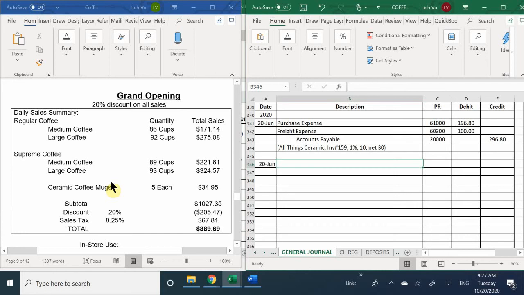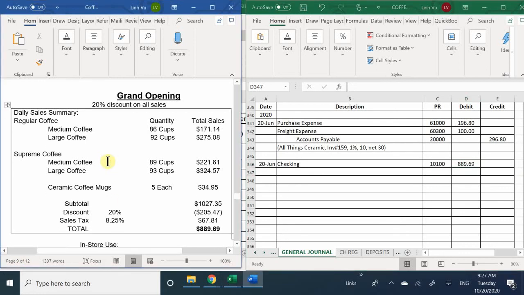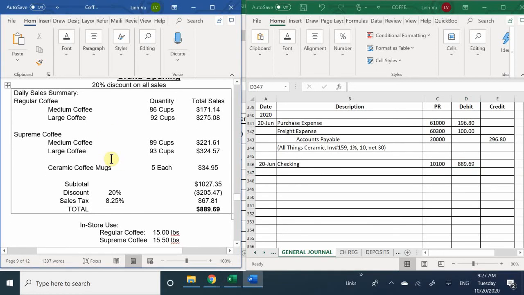So we collected, so we're gonna debit checking for $889.69. Checking for 889.69. Right? And then we're gonna also debit sales discount.